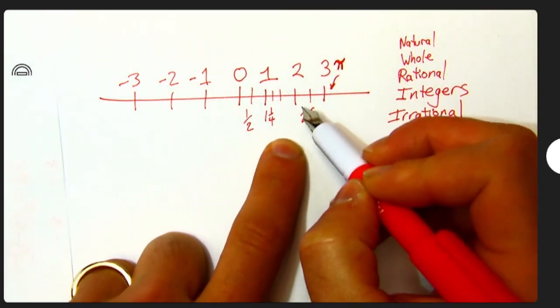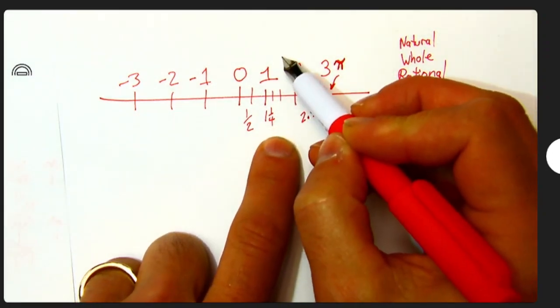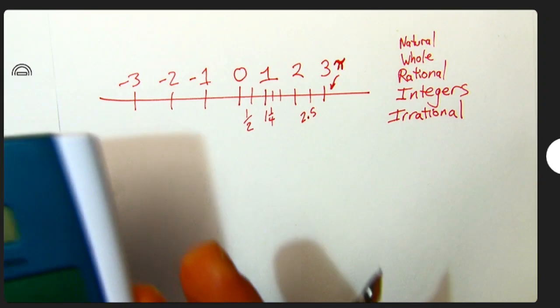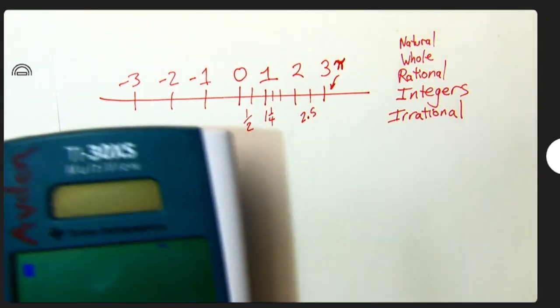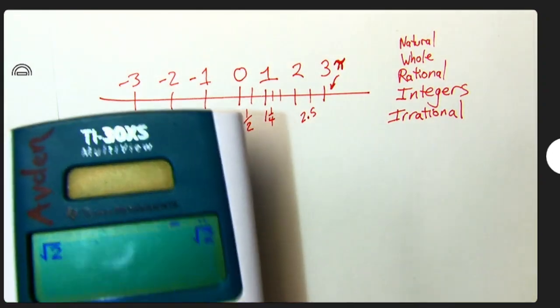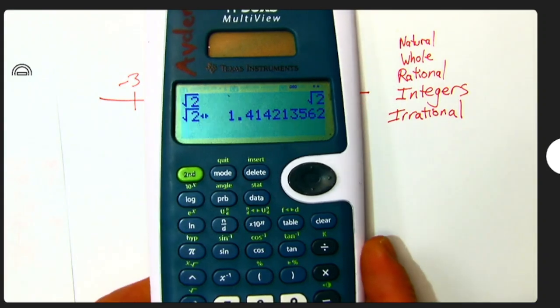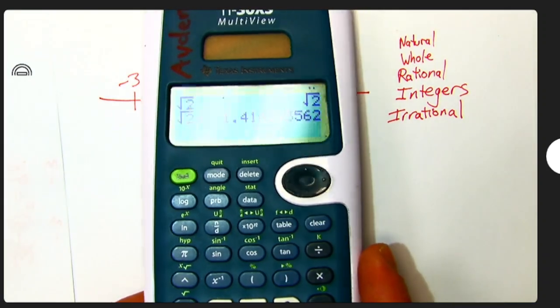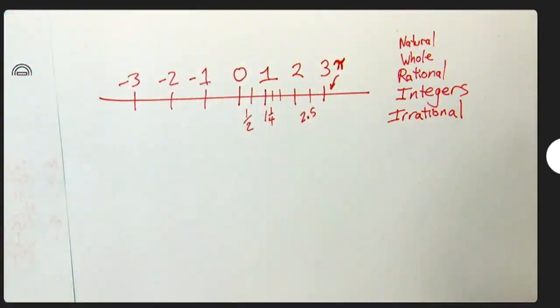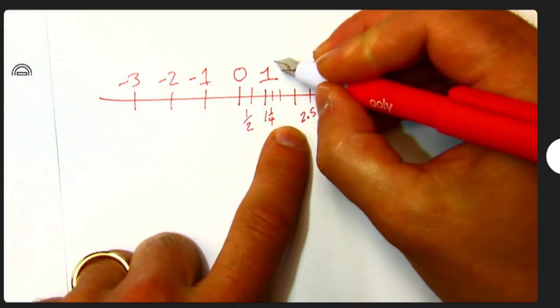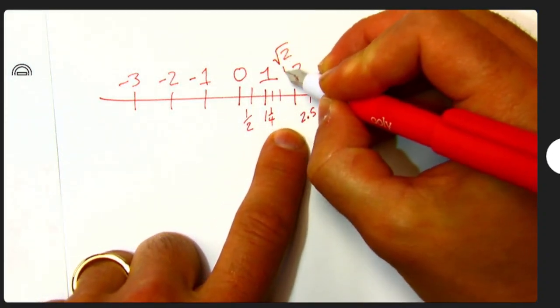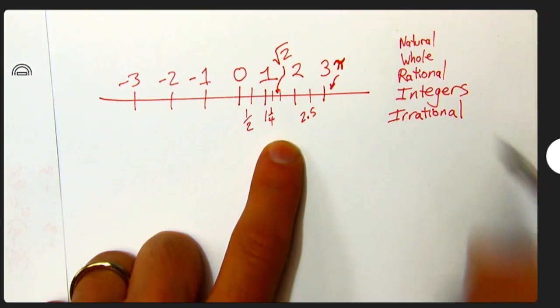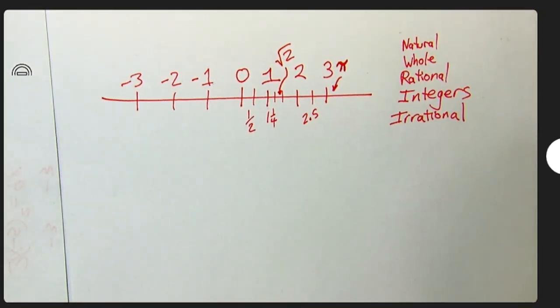And the square root, we ran into that this year with the square root of 2, which is approximately 1.41421. Square root of 2, you are right there-ish. It's on the line somewhere.